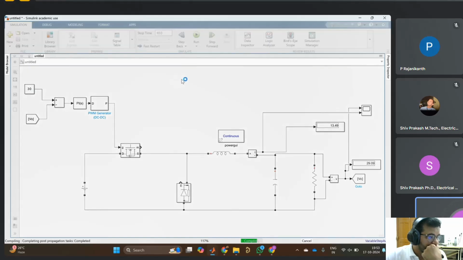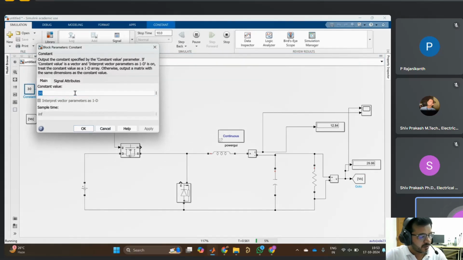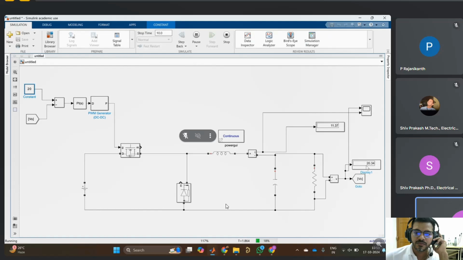Just draw this one. This will be an approximately constant 30 volt. If you want to change to 20 volt, this is 20 volt. I think it is controlled.